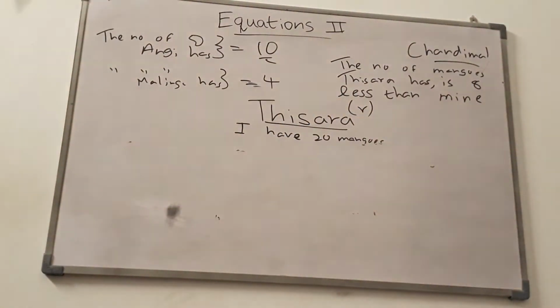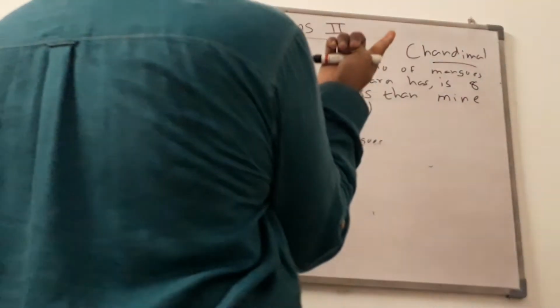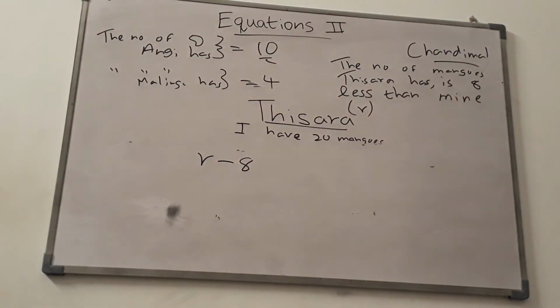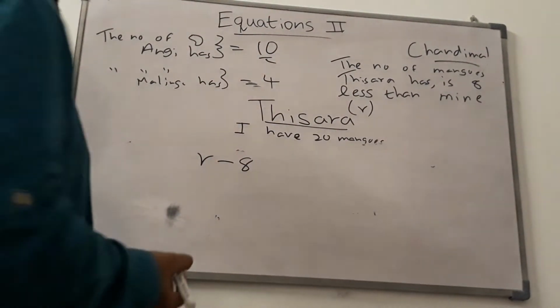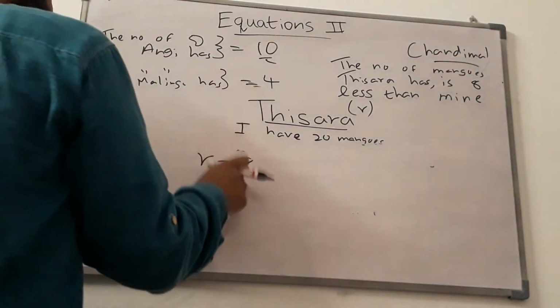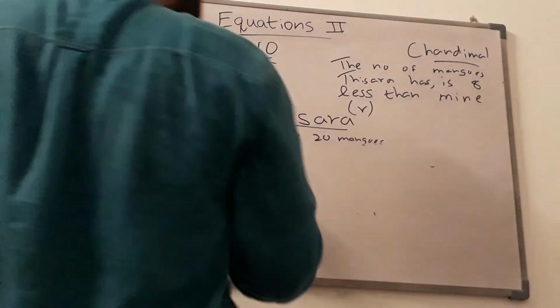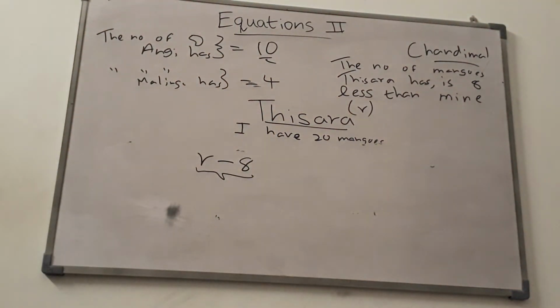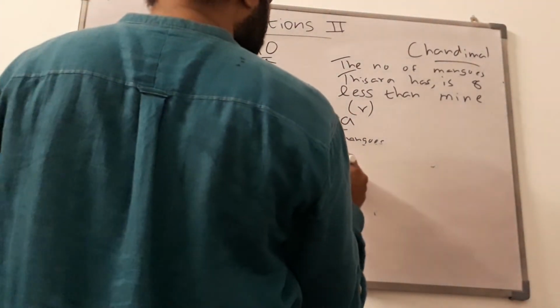Tisera has 8 less than what Chandimal has. So we have to subtract 8 from R. 8 less means you have to subtract 8 from R. This is what Tisera has in terms of R. This is also equal to 20.